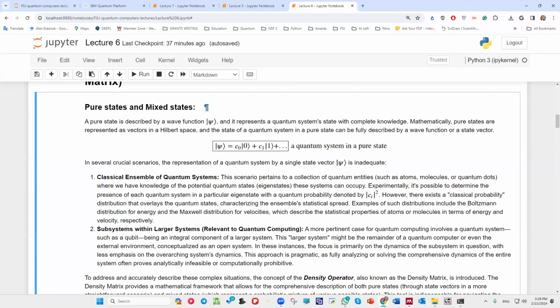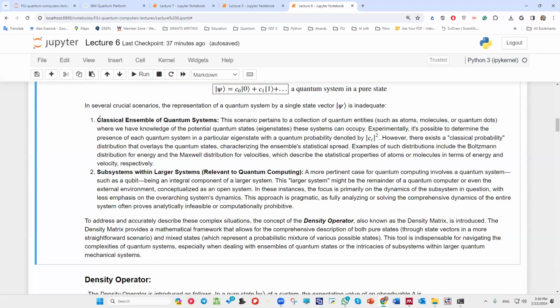So mixed means that there is a mixture of something, right? In this case, we mean a mixture of states like this. When we need mixed states, here I put together two classes, or two different scenarios, when we need the concept of a mixed state.